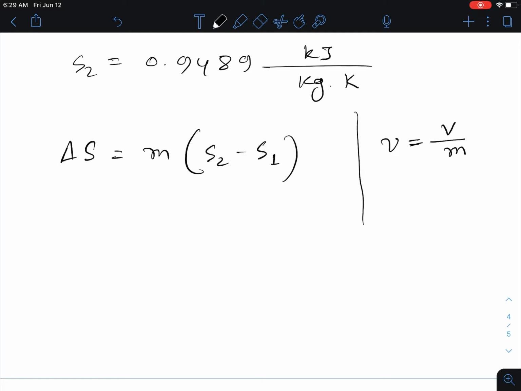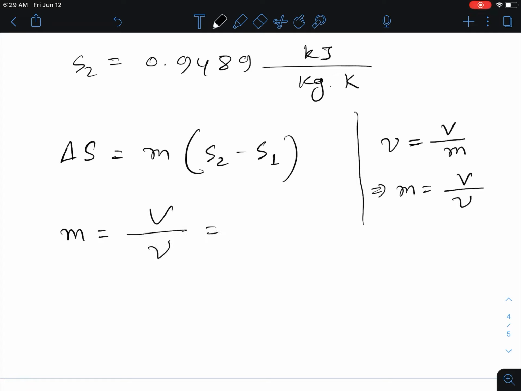So mass equals volume divided by specific volume. Specific volume is not changing between state 1 and state 2, it's the same.